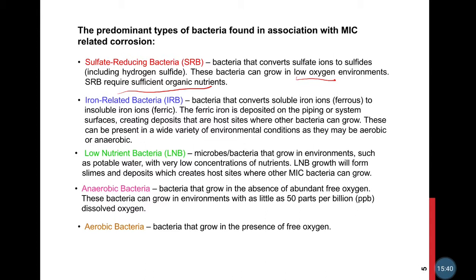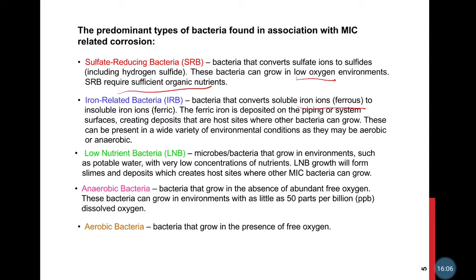Contoh tadi dalam IRB dia tukar ferrous, okay. Contoh yang IRB ni dia boleh wujud dalam sistem pipeline. So dia akan convert soluble ferrous to ferric, kemudian dia akan membentuk satu deposit ataupun slime surface on the inner pipeline.